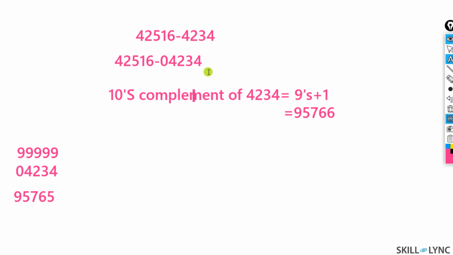Okay, I am going with the 9's complement plus 1, and for 9's complement you subtract the number from the same number of digits of 9's. This is the 9's complement, and the 10's complement will become 9's complement plus 1. Now the next step is to add this number to the first number. So 42516 will be added to 95766.